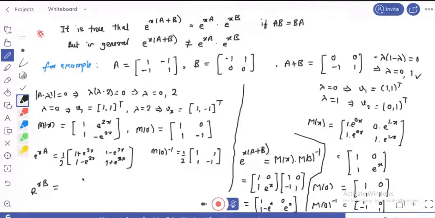So Mx will be in this form: 1 1 and 1 0, eigenvalues are 0, so 0 means that is 1. And here -1, e to the power -x, if you multiply here this is 0. So this is your Mx, and what is m0, this is 1 1 and here 1 0 inverse.